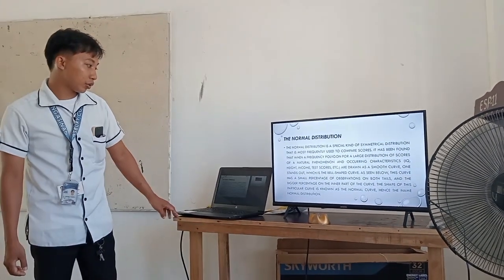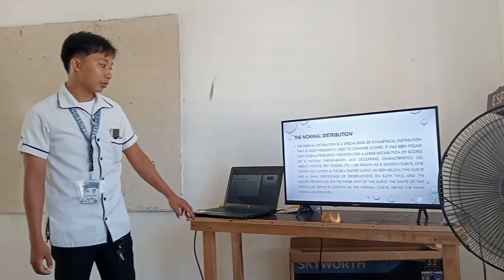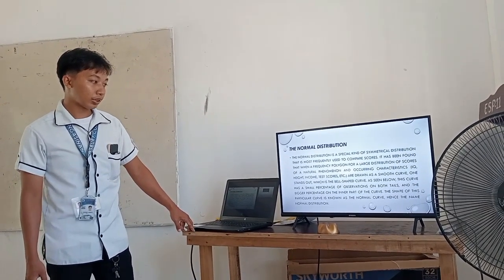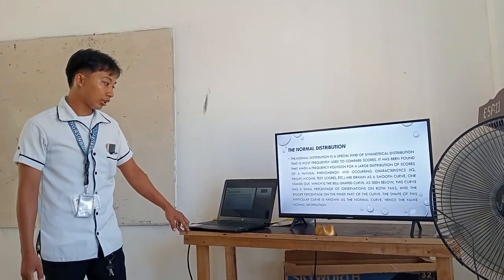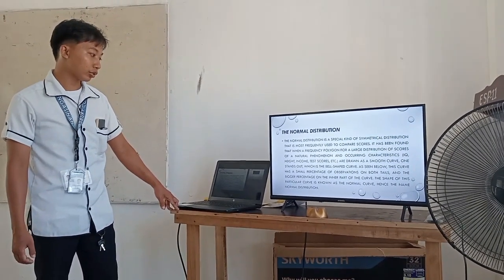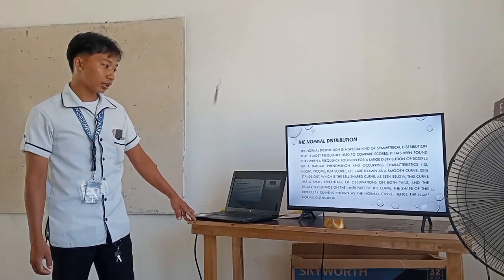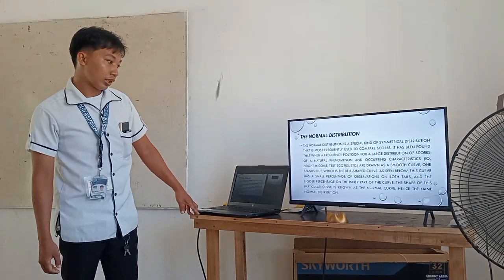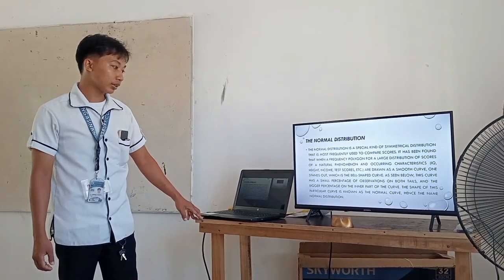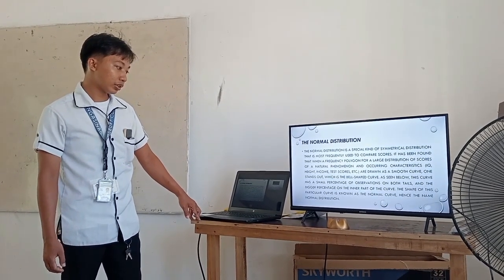The normal distribution is a special kind of symmetrical distribution that is most frequently used to compare scores. It has been found that when a frequency polygon for a large distribution of scores of a natural phenomenon and scoring characteristics, including IQ, height, income, test scores, etc., is drawn as a smooth curve, one standout is the bell-shaped curve.